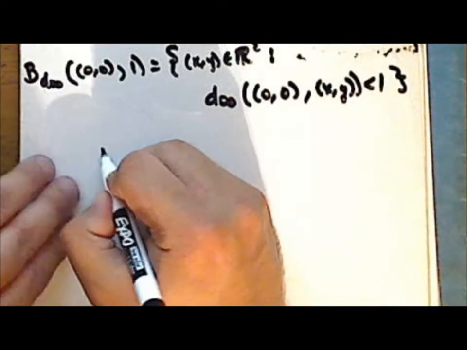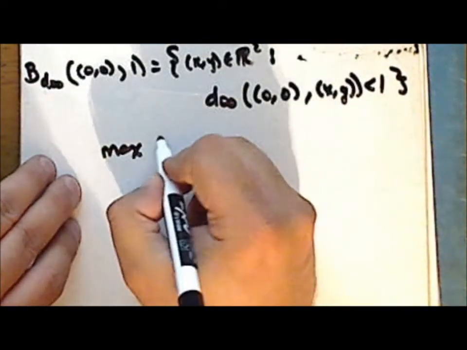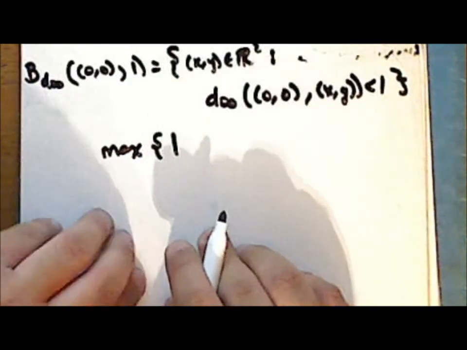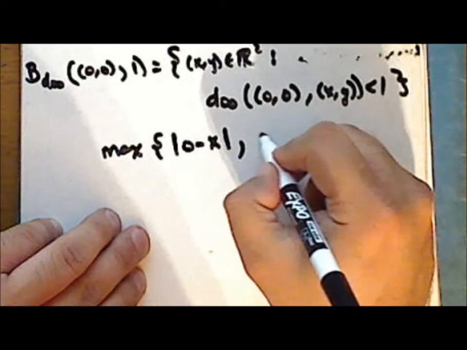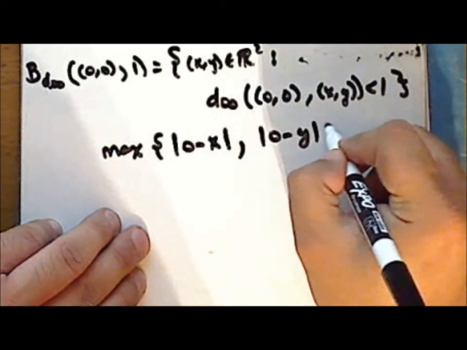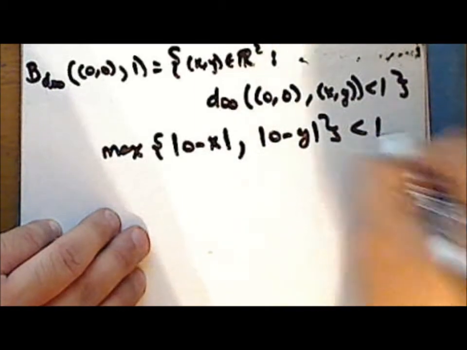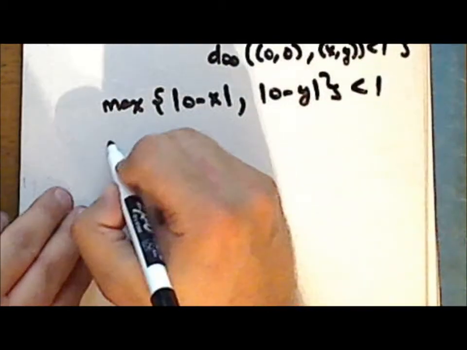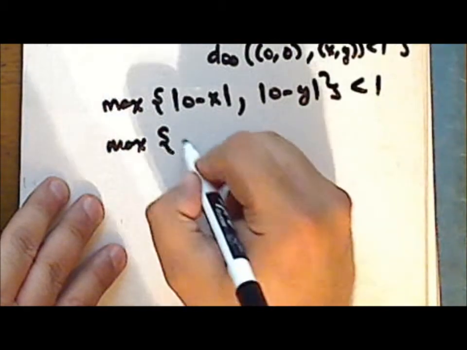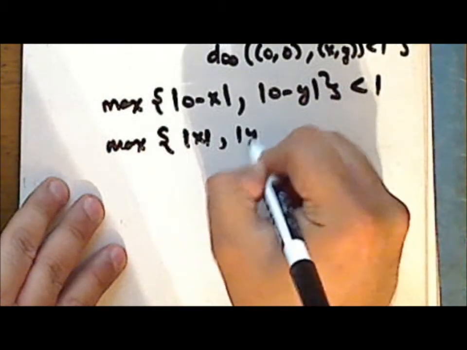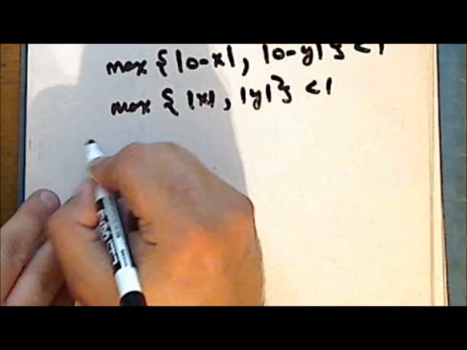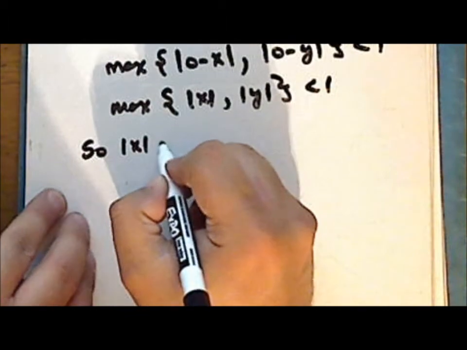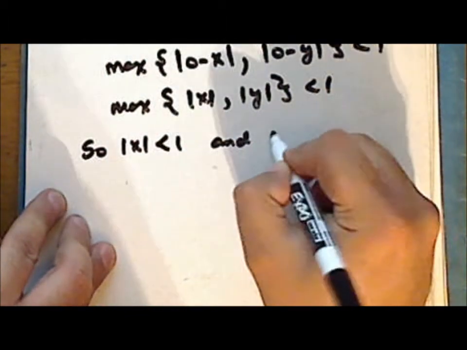And so we have the maximum value of the absolute value of 0 minus x and 0 minus y is less than 1. That is, the maximum of the absolute value of x and the absolute value of y is less than 1. And so the absolute value of x is less than 1 and the absolute value of y is less than 1.